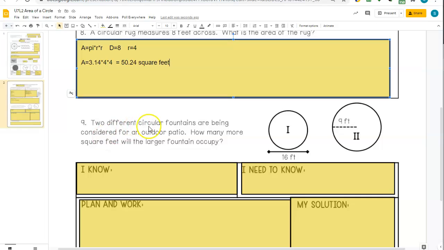Now, two different circular fountains are being considered for an outdoor patio. How many square feet larger will the larger fountain be? So we know the diameter of one, and the radius of two.